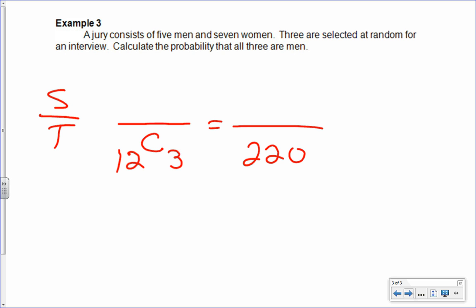So now what I have to do is figure out, and this is kind of the trickier part, how many ways can I get 3 men? So here's how I look at it. I want to get 3 men and no women, correct? So what I should do is figure out how to do each of those separately, and I said the word and, right?